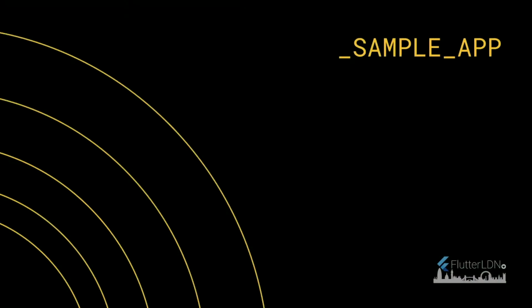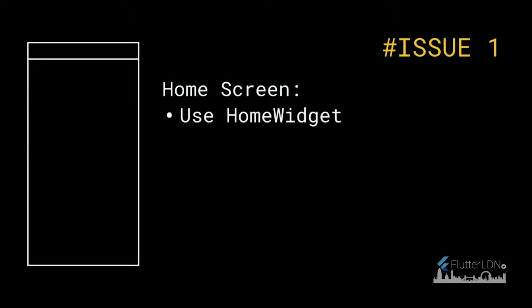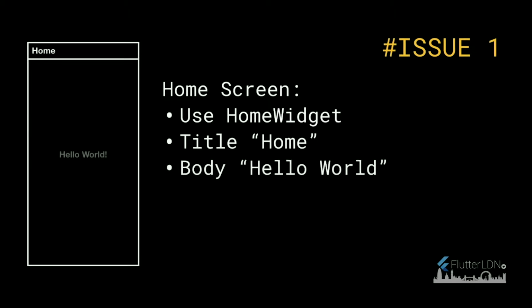And I'm going to start with a sample app, so we're going to describe requirements for it, and doing that, I'll walk you through the basic API of the library. So we're going to start with a very boring screen, add some title, put some hello world message, like anywhere.